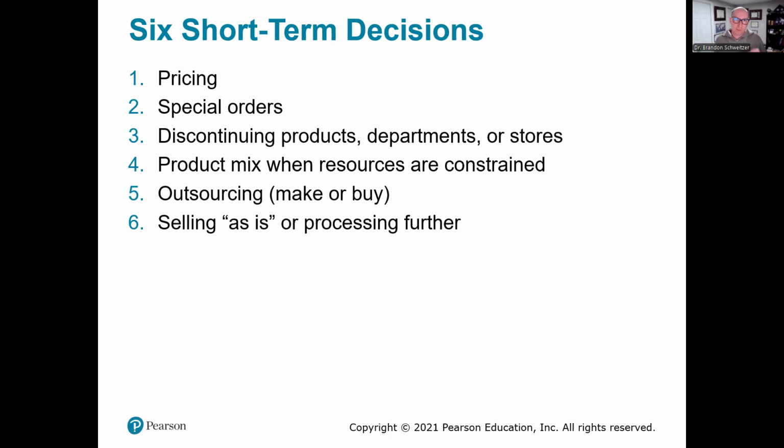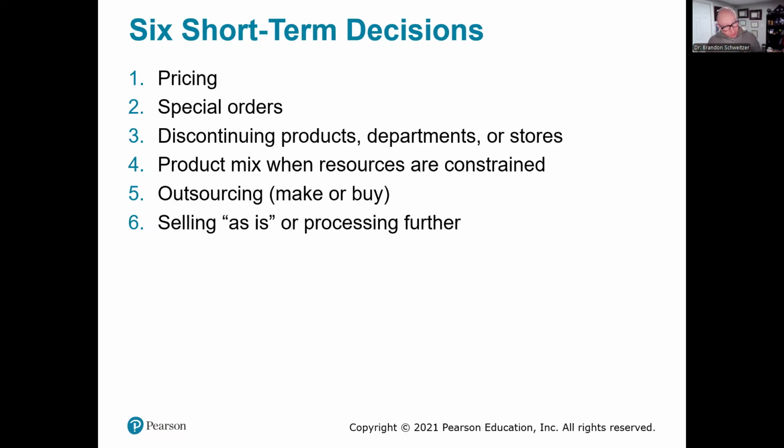Managers also look at the product mix when resources are constrained. So, for example, if Peloton is making treadmills, ellipticals, and rowing machines, they can only make so much, only up to 100% of their capacity at the warehouse.